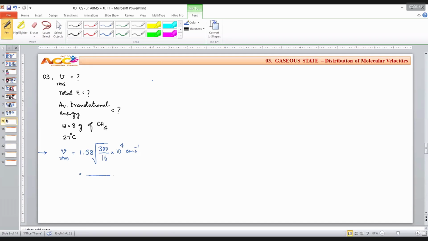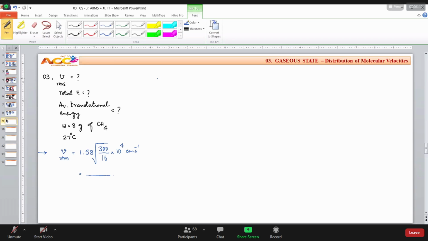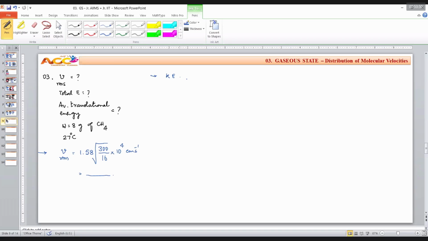Next one is kinetic energy. What is kinetic energy? Sir, there are two words which are used here in this case. Yes, remember the energy expression we have done in our class notes, kinetic energy is equal to 3 by 2 nRT. This is known as average translational energy. It is called average translational energy.